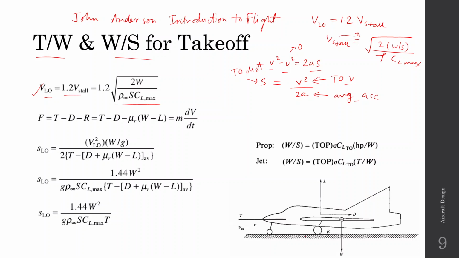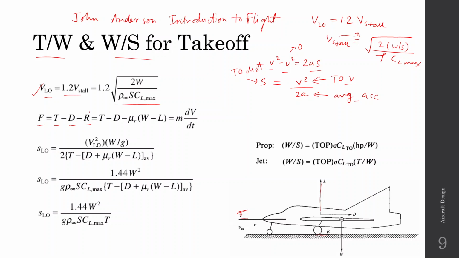So consider this free body diagram of the aircraft I've shown. The forces acting on it are the thrust, which is pushing it forward, and then you have the lift and the weight, and you have the friction force and also the drag. So you can write that the net force acting on the aircraft is the thrust minus the drag minus the friction.